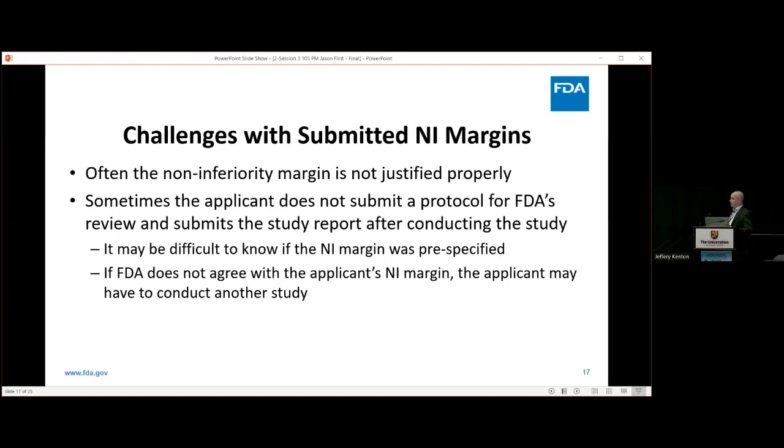And the challenge, of course, is that if that study is completed and then we don't agree with the non-inferiority margin or the justification, you may have to do another study. So again, the key here is we'd like to take a look at your protocols, so we can have agreement on those before you move forward.